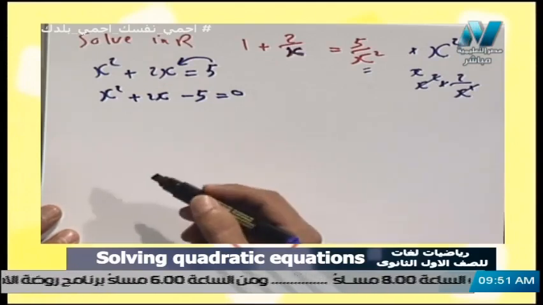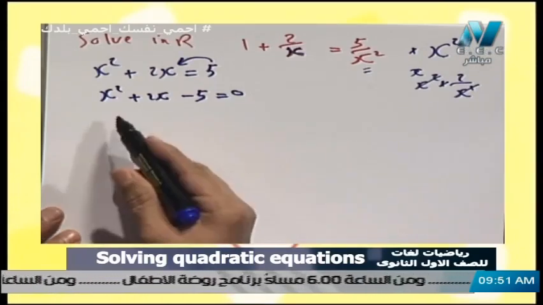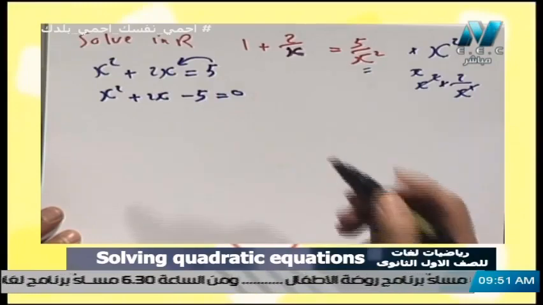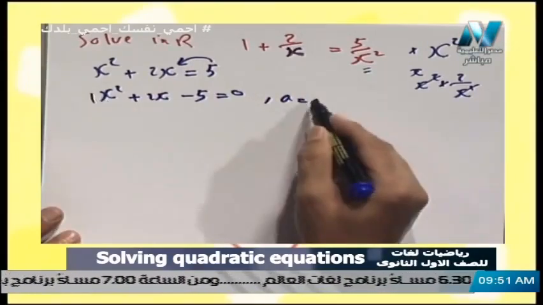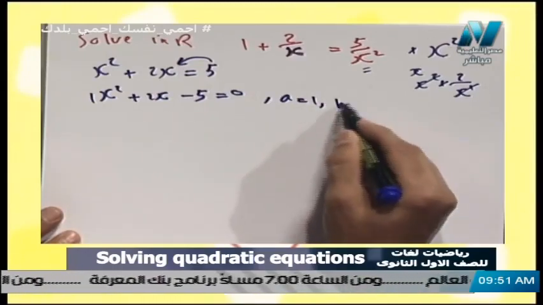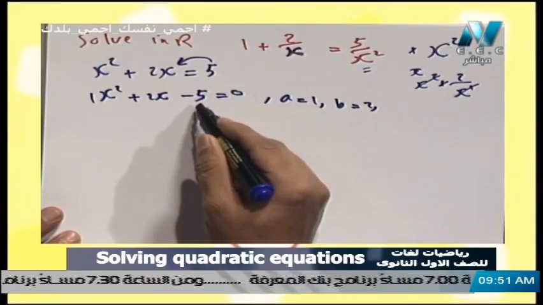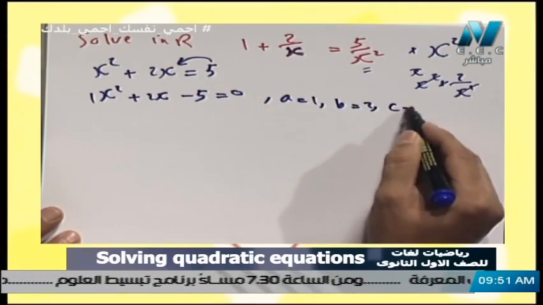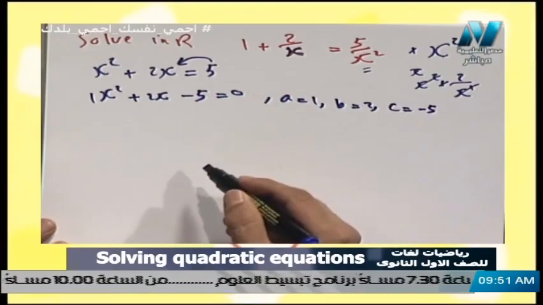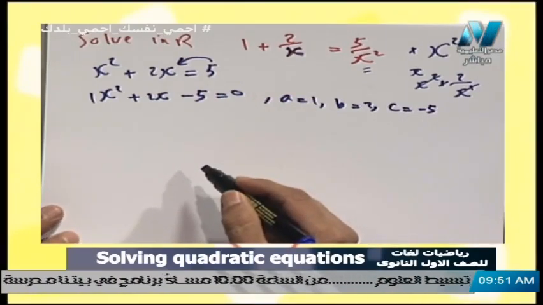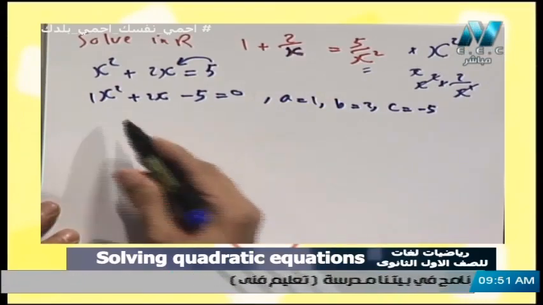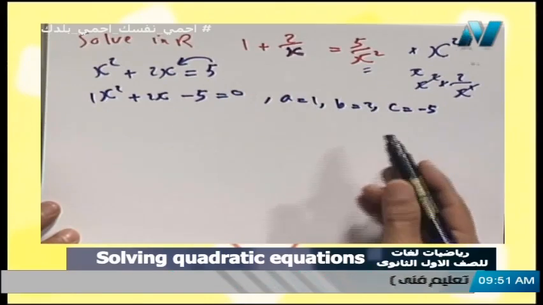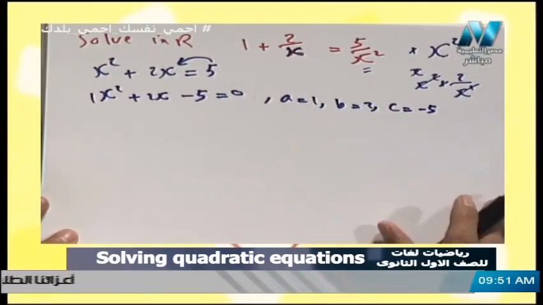Okay, and we have here x power 2 plus 2x minus 5 equals 0. A here, the coefficient of x power 2, is 1, b is 2, and c, which is the absolute term, equals -5. Okay, if we try to solve it by factorization, the method is false.